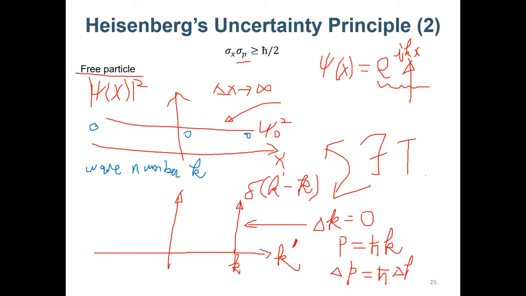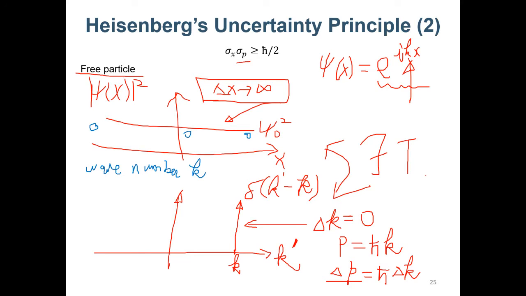So as long as you can get the wave number very accurately, the momentum you get is also very accurate. However, delta x will tend to infinity. So this is an extreme case. You get a very accurate momentum, however, you will totally get lost for the position.